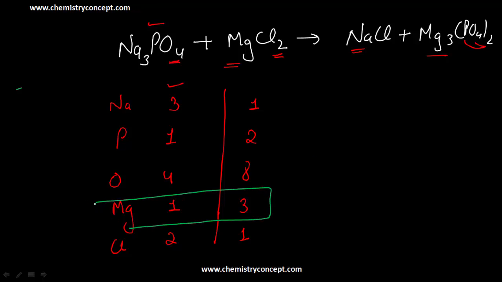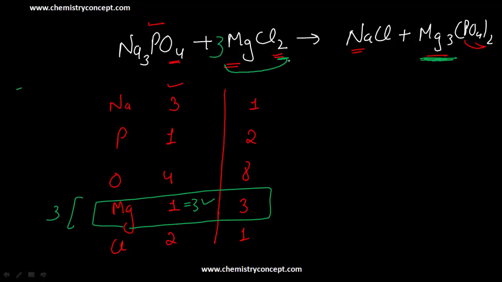You can start with anything, but it is better to start with the simplest one. Magnesium is 3 on the product side. On the reactant side there is only 1 magnesium, so if I multiply the magnesium chloride by 3, now magnesium is balanced. What about chlorine?